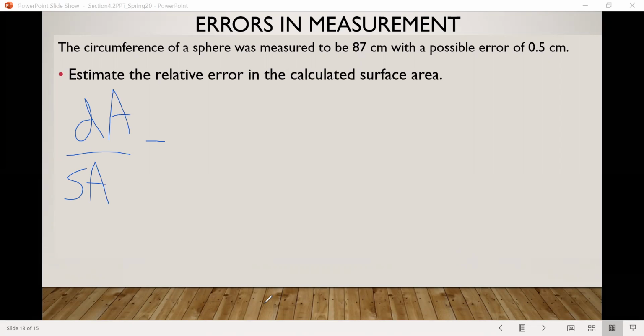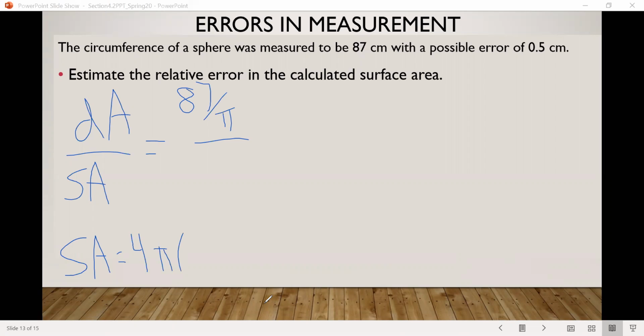Okay, so the dA we just calculated, I'm going to leave it in fraction form for right now. That was 87 over pi. And then the surface area we didn't actually calculate. So the surface area formula, remember, is 4 pi times r squared. And we have 4 times pi for the radius.